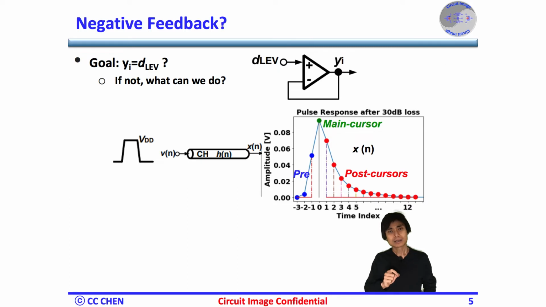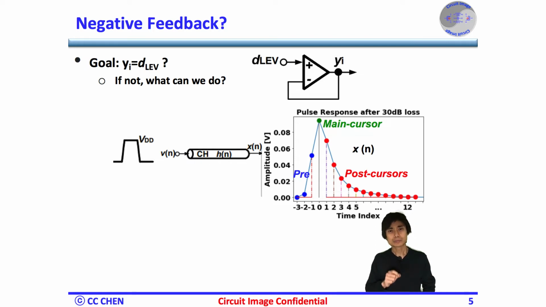First, let's take the precursor as an example from the channel's pulse response. Please be advised that the precursor can be reduced by FFE and CTLE, but there's no way to remove the precursor completely.